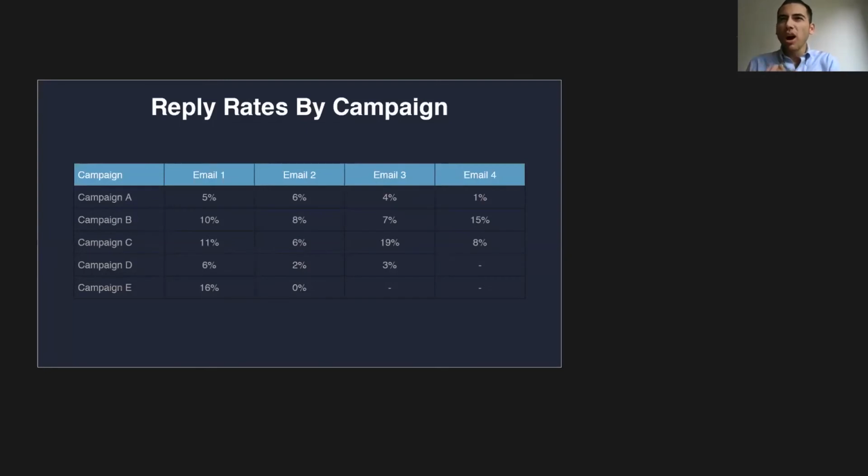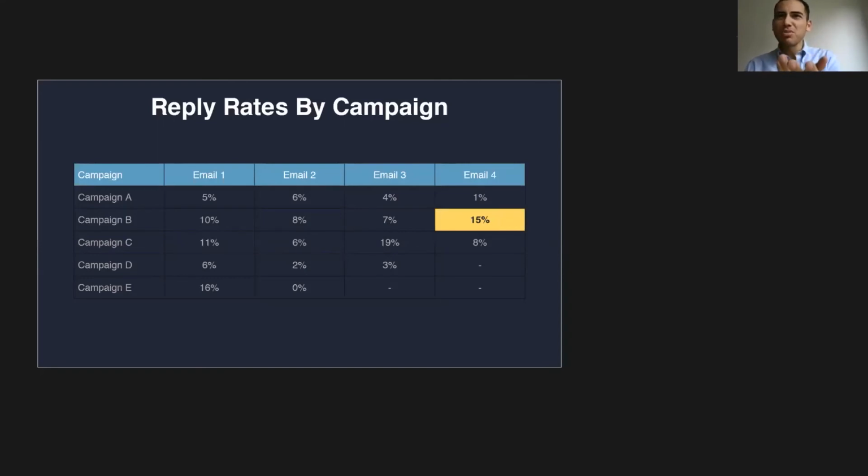But email 4, the last email that you send to someone before you stop emailing them. And it doesn't matter if this is the 4th email in your sequence, or the 3rd email, or even the 8th email, if you want to go for longer sequences. But the last email that you send, I noticed that we had something very interesting.